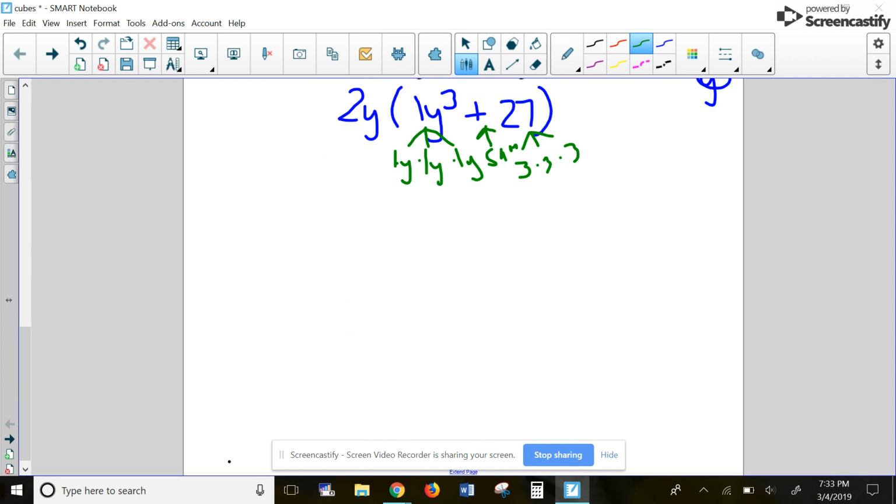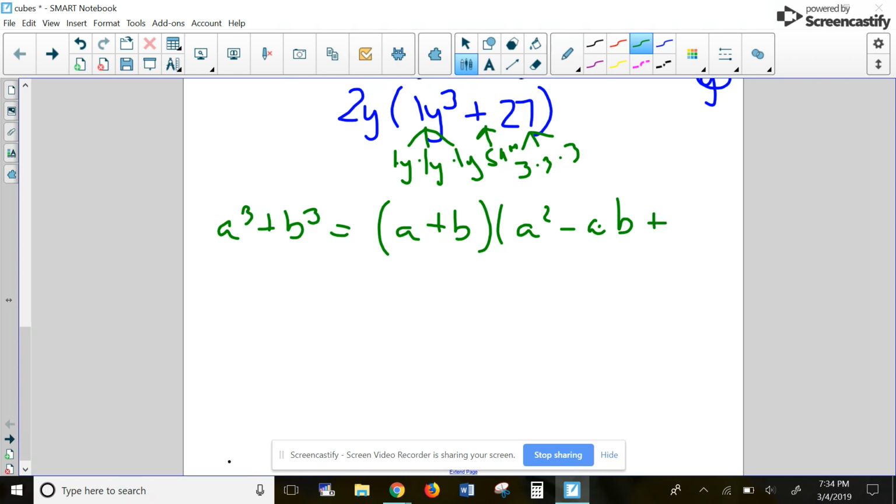So our formula is, if we have a to the third plus b to the third, our formula is a plus b, close parentheses, next set of parentheses, a squared minus ab plus b squared.